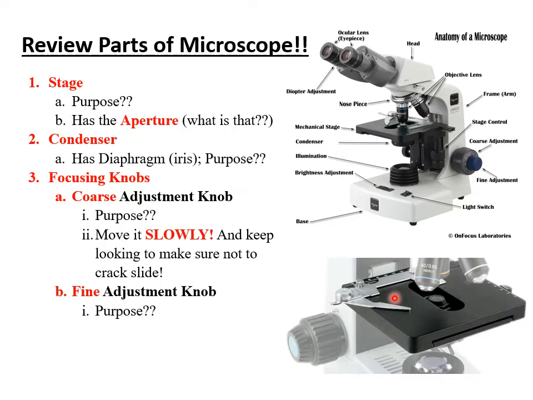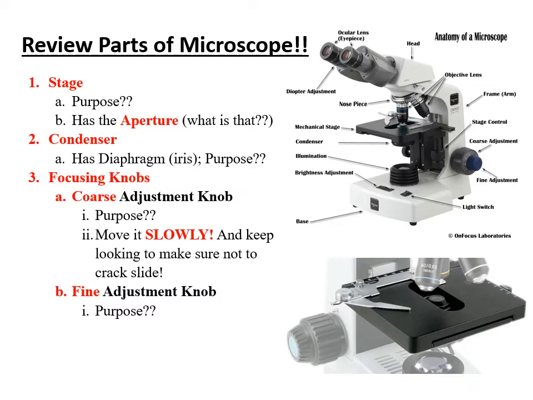Now the stage also has what's called an aperture. This hole right here, that is the aperture. Now notice the aperture is not something that is changing shape or size or anything. It is just simply a cut out opening in the stage because its purpose is to let light through. Okay, so the purpose of the aperture is to let light through to reach your slide.